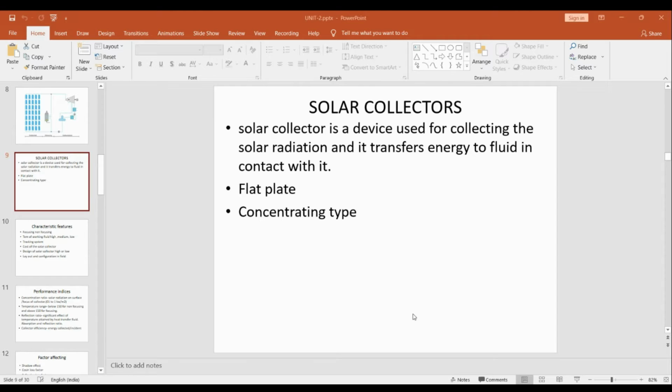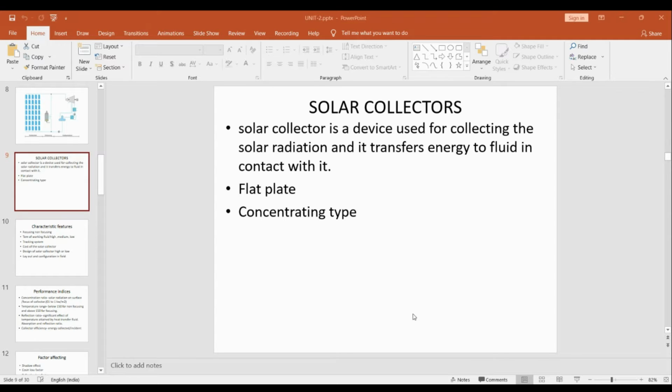So what we are going to do is see solar heating application. We are not going to see solar electric application or cooling application. We are going to see solar heating application, right? So for that there are certain types of collectors.